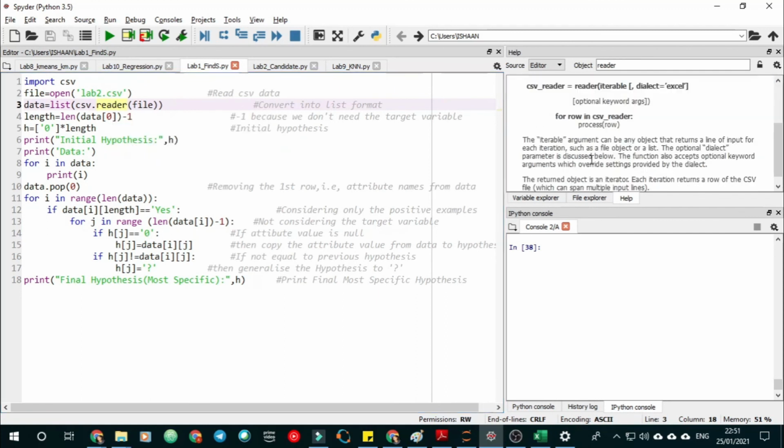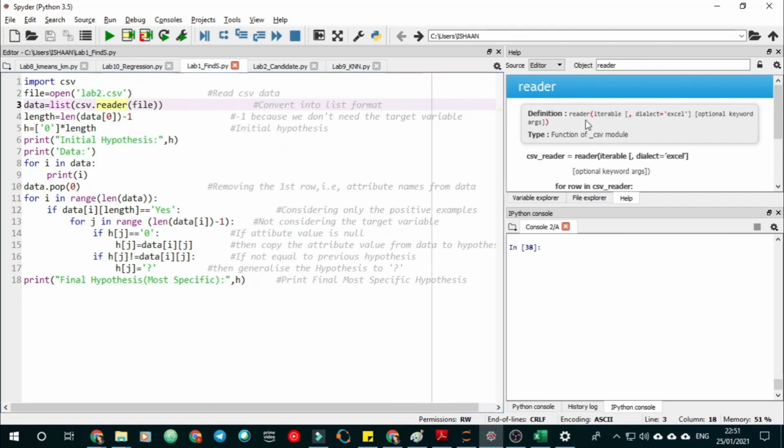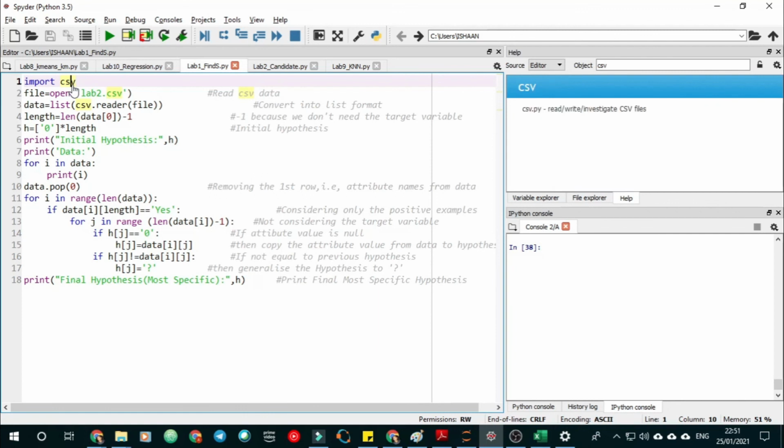And if you want a detailed description of the reader, that will be displayed in help. So if I don't know about the CSV module, I just click on this and press Control I. See, I got the information about this. Whatever documentation it has, it will display. Clear?